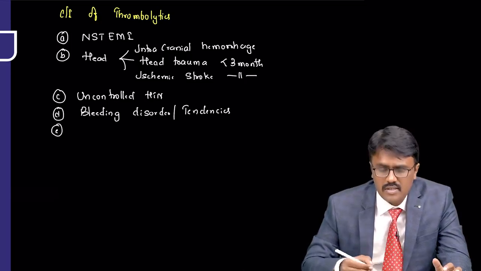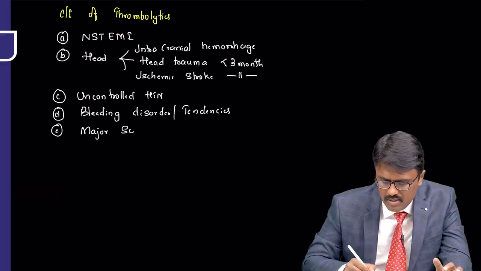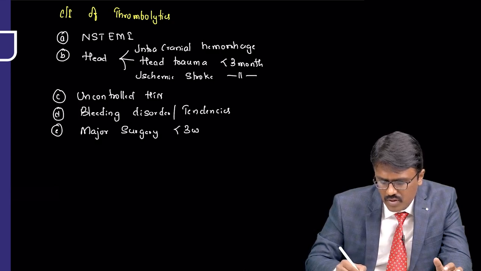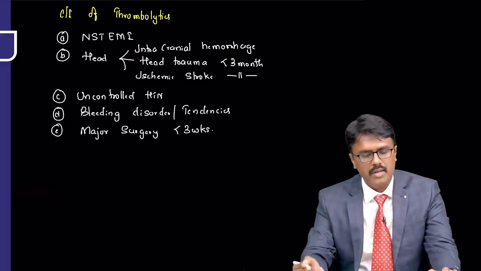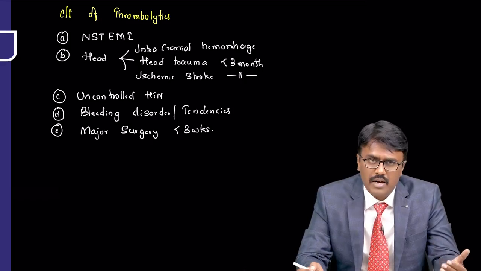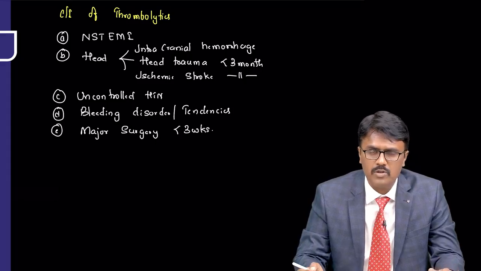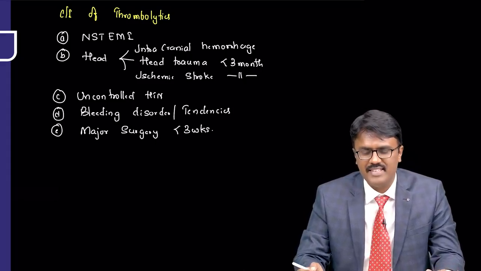Then any major surgeries. If the patient has undergone any major surgery within 3 weeks, you should not use thrombolytics. So these are the major contraindications. Even if they have active GI bleeding or anything else, you should be very careful. So that is about thrombolytics.